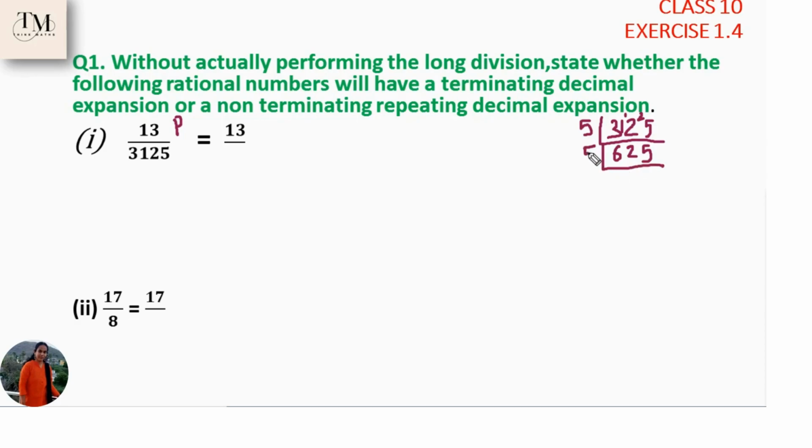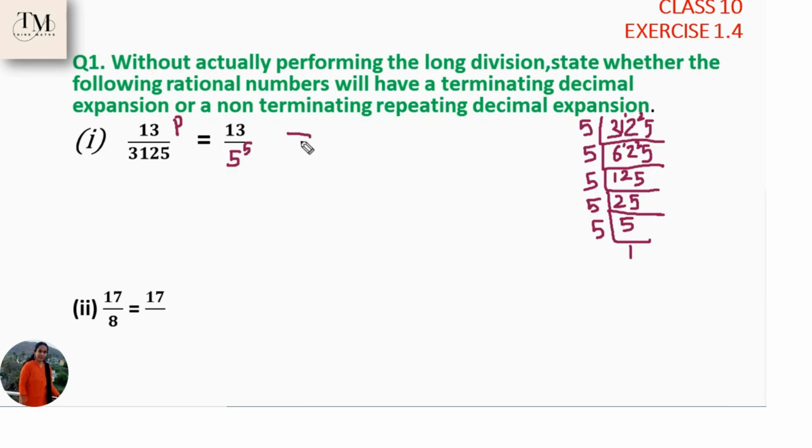Again I take 5: 5 ones are 5, balance 1; 5 twos are 10, balance 2; 5 fives are 25. Again 5: 5 twos are 10; 5 fives are 25. So again 5, 5 fives are 25, and 5, 1. How many 5s are there? 1, 2, 3, 4, 5. So 3125 is 5 to the power 5.